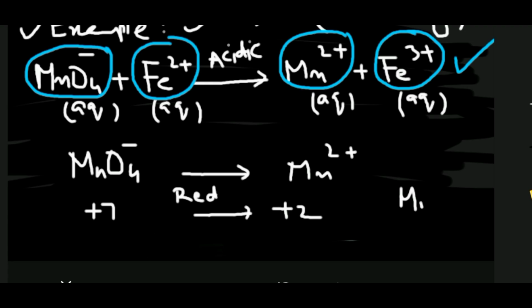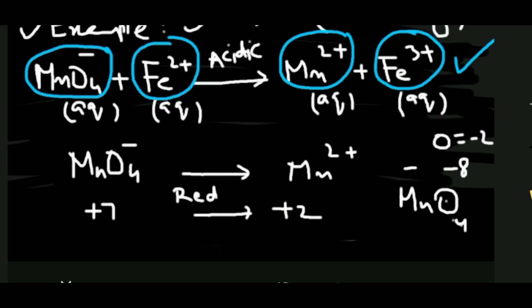Because if you see the permanganate, it has a charge of minus 1. One oxygen has a minus 2 charge, and there are 4 oxygens, so that will be minus 8.